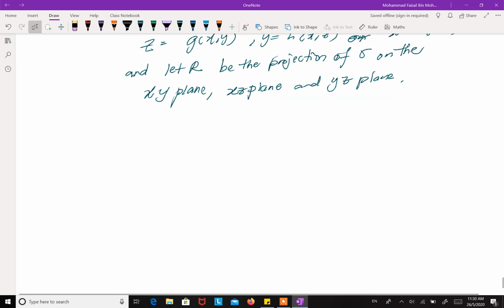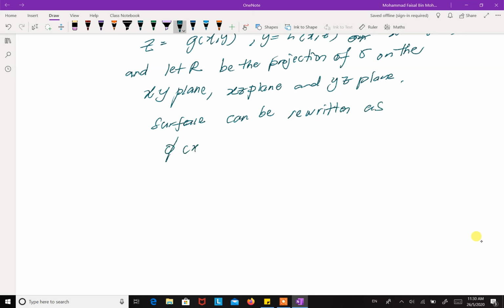Suppose that the surface can be rewritten as phi equals 0.